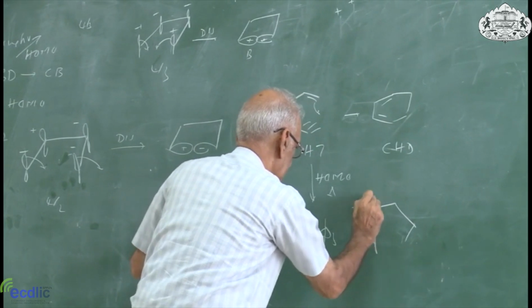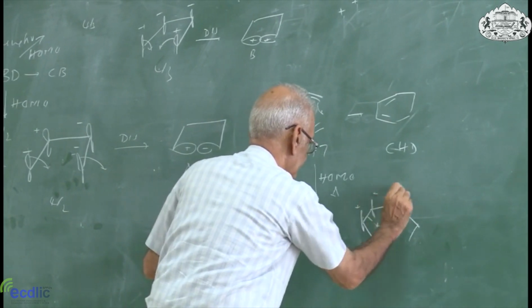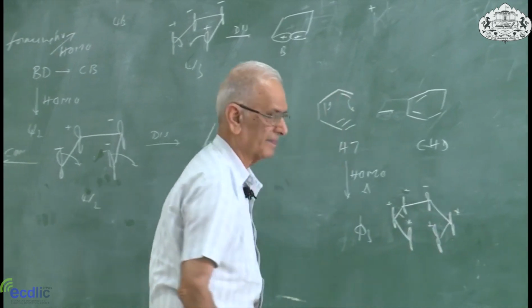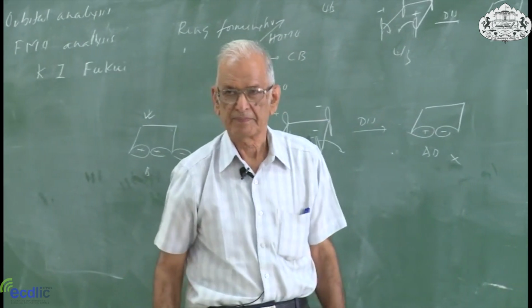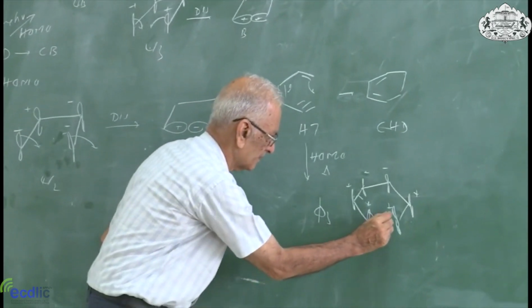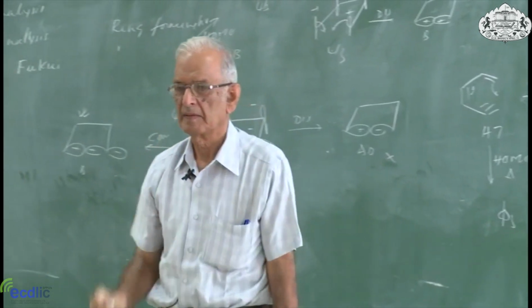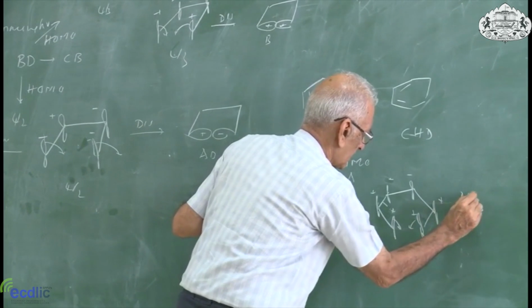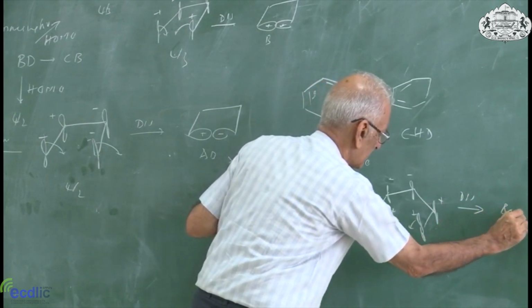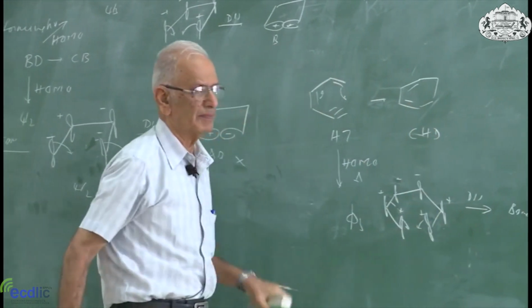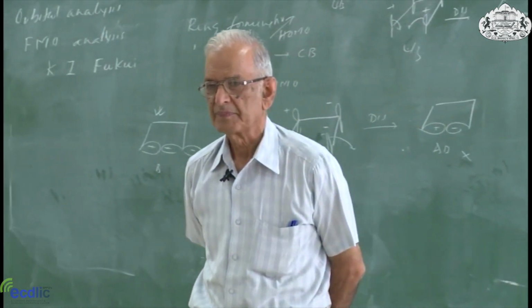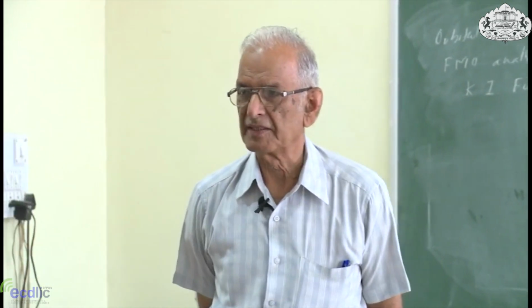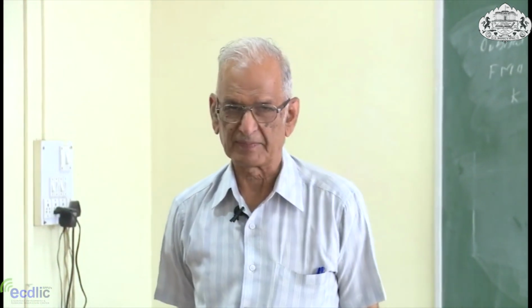Plus, plus, minus, minus, sorry, plus, plus. Disrotatory will give you bonding. Therefore, your 6 electron reaction, thermal reaction will be disrotatory.